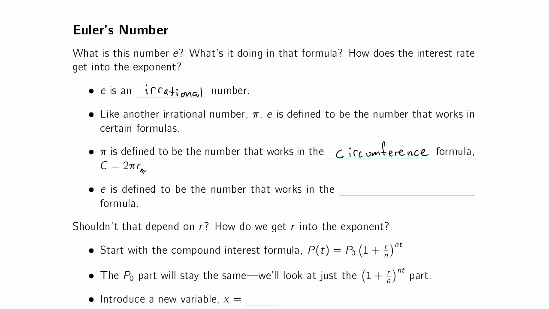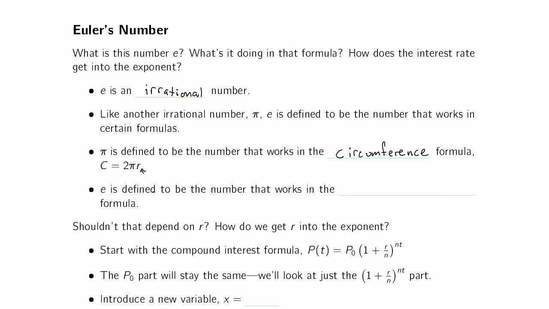But pi is the number that when you multiply it by the diameter of a circle, you get its circumference, the distance all the way around the outside. We usually think that pi is about 3.14, but that's not its exact value. That decimal just continues without repeating forever.